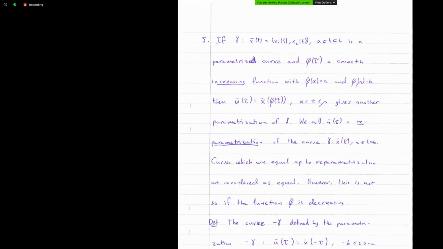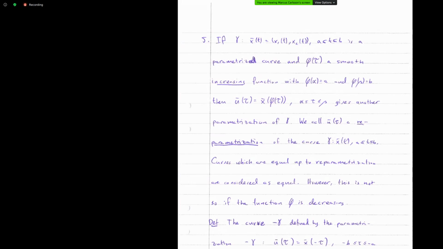Now, the first observation is, if I have one parameterization x of t, I can clearly go to any other parameterization by doing a change of variable like this. So if we don't have the second runner, I just have x of t, I can invent the function t of s, plug that in, and now I get a new parameterization. So this is easy.